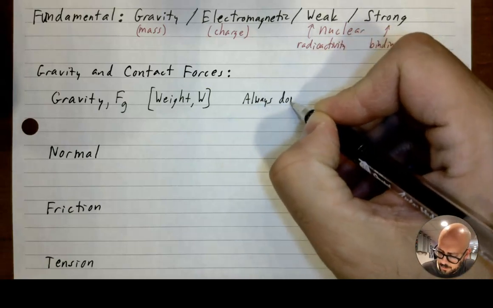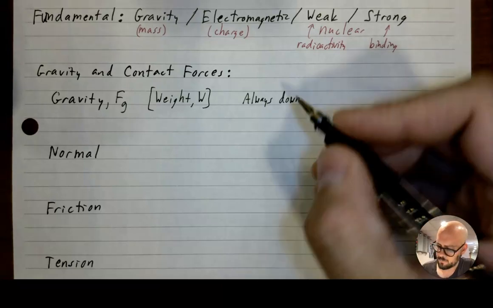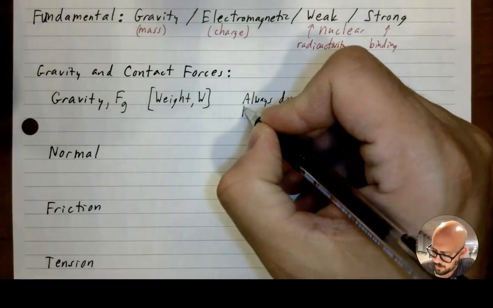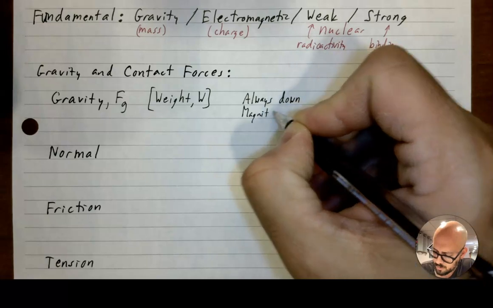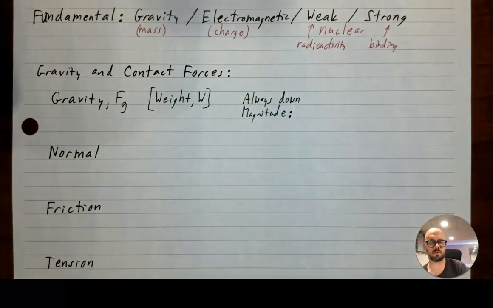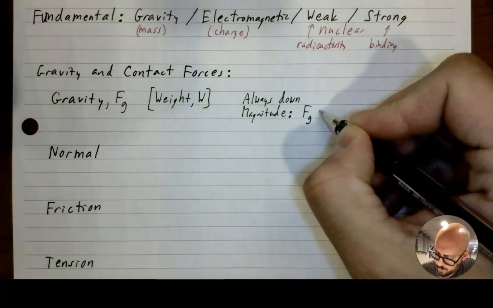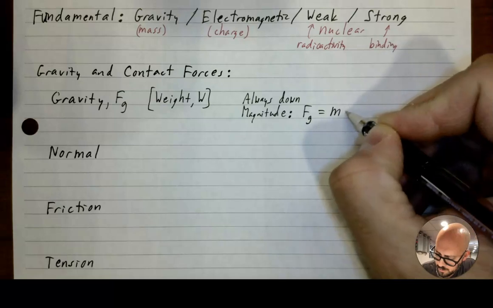Now, we will expand the definition of gravity when we start to talk about gravity in the universe at large, but when we're on Earth, gravity is always down, and the magnitude, meaning the number of newtons, that is the force of gravity, is always equal on Earth to mg.